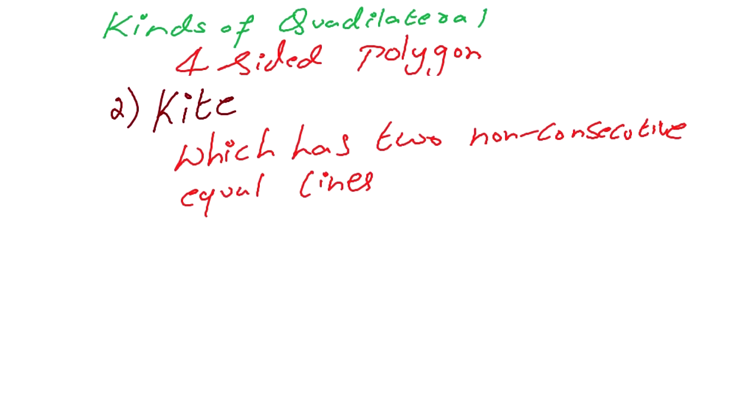So now let us see what a kite is and how it looks. A kite is something which would look like this. Now in this kite shape, as the definition says, there have to be two pairs of equal lines. In this kite, this line and this line are equal, whereas these two lines are equal to each other.